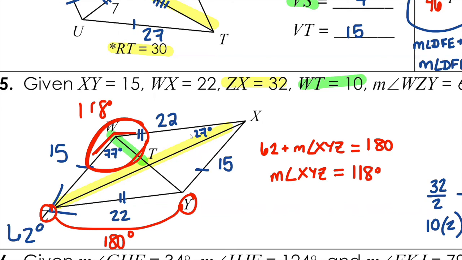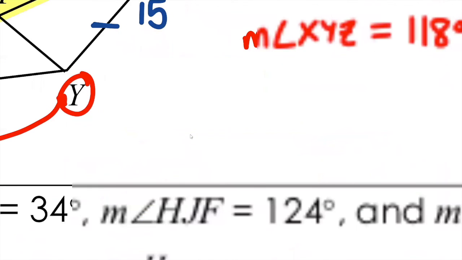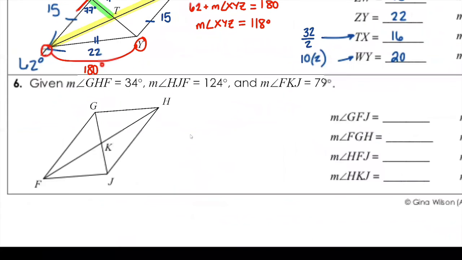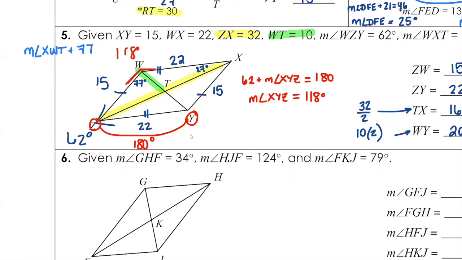118. And the angle sum theorem tells us that when we add two angles together, zoom out, zoom in. So to find XWT, we're going to add 77 and set it equal to what? What do you think? How come?